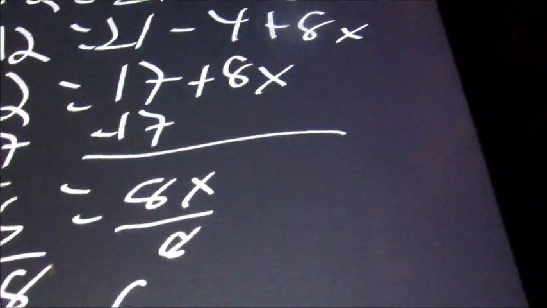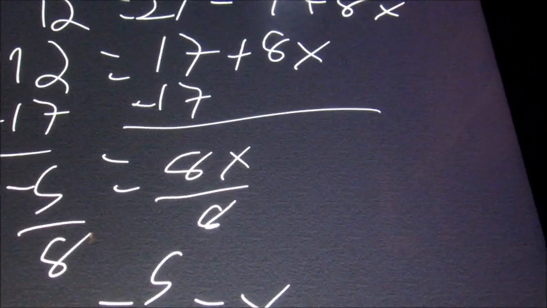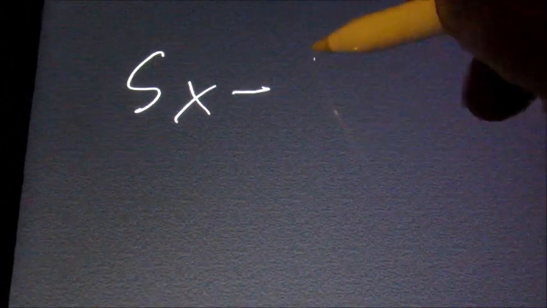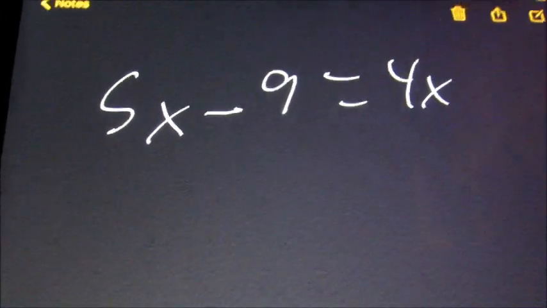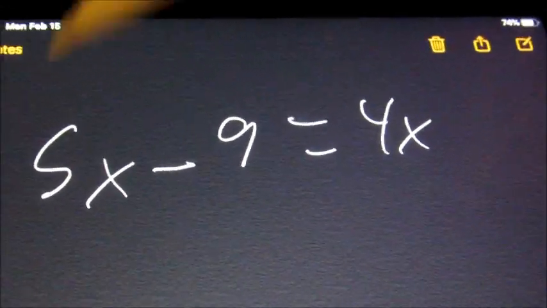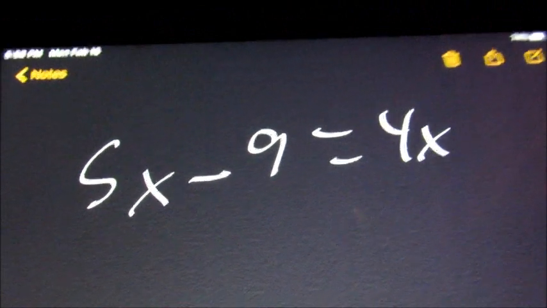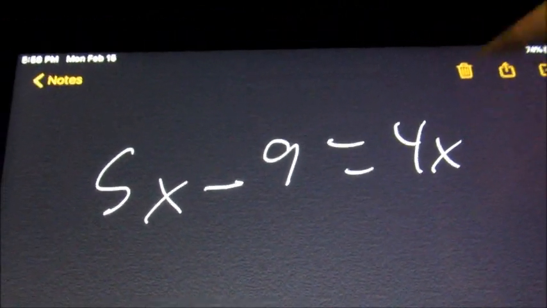Okay, so the next one is a little bit different. So let's say that we have 5x minus 9 equals 4x. Okay, so we don't have anything to distribute. We don't have any like terms. So the first thing we're going to do is isolate the variable. Since we only have x's on the right, we're going to move all our x's to that side.